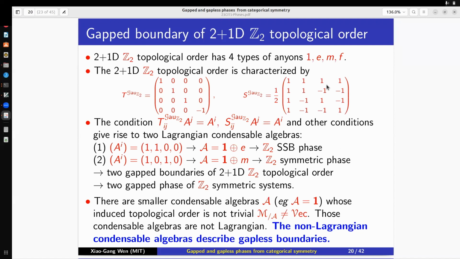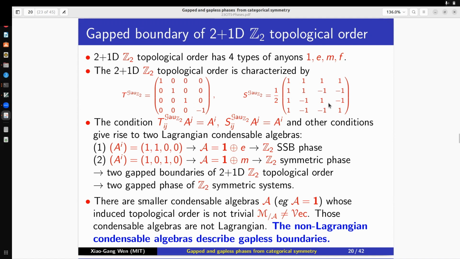There are several things I want to mention. First, the diagonal part of the T matrix represents the self statistics of anyons. Like this one, the trivial particle is a boson. This E particle is a boson. M particle is a boson. This is the F; -1 means F is a fermion.